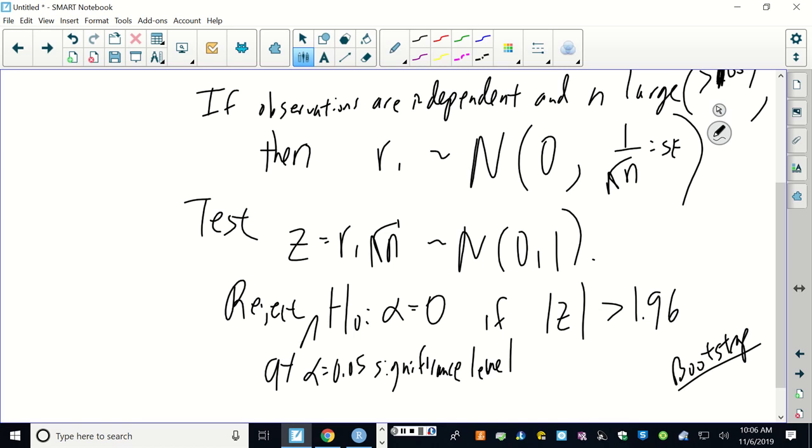We're not necessarily going to go into that, but if you could resample your data under the assumption that the residuals are independent, and you calculated the same statistic for bootstrap samples, you could look at the distribution of those in comparison to R1 by itself, and see if your observed statistic is far outside of what would be consistent with independence, right?